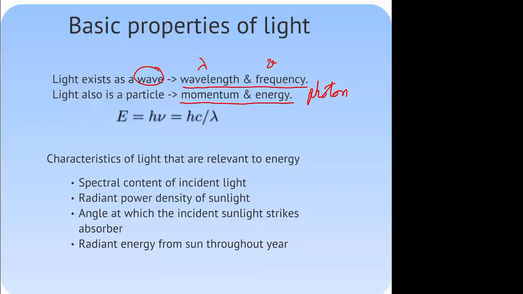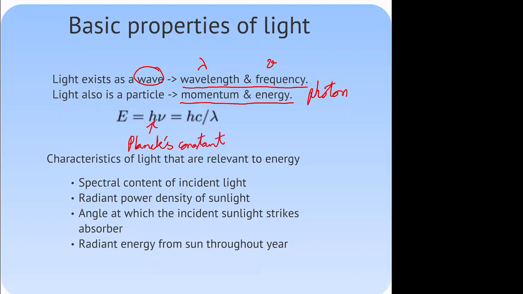Now, why are we talking about this? We are talking about this because we're interested in energy, and energy of light can be represented by this equation, E equals h nu, where h is Planck's constant. We'll see this quite a bit shortly.